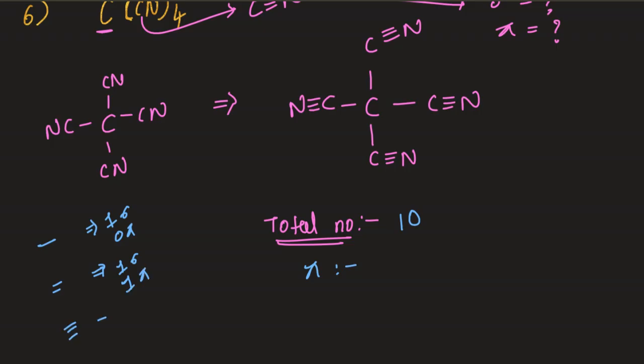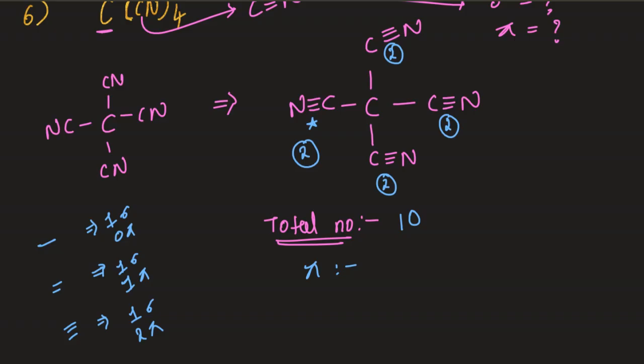Inside a triple bond, there is one sigma bond and two pi bonds. Now if you observe, this is a triple bond. A triple bond contains how many pi bonds? Two pi bonds. Remaining everywhere you can see single bonds. So the total number of pi bonds is how many?